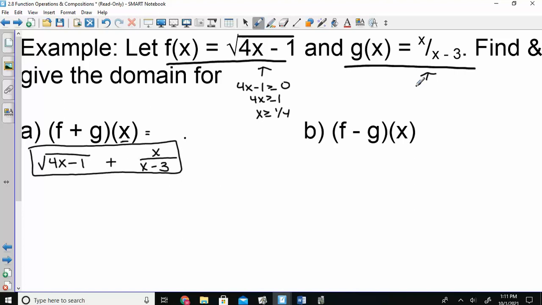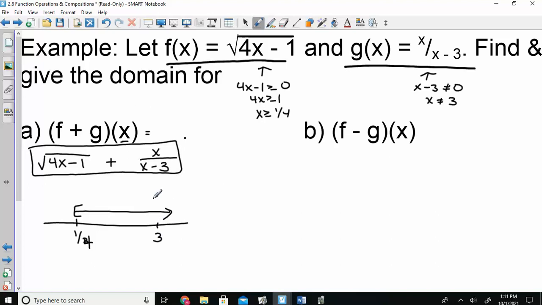What do you know about a fraction? So that one can't be 3. When I add them, my domain is the overlap of those two things. In other words, this one says it's got to be bigger than 1/4. This one says we'll take everything except 3. So everything smaller than 3, everything bigger than 3.